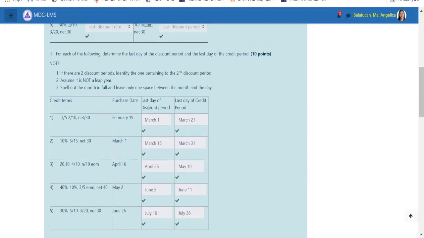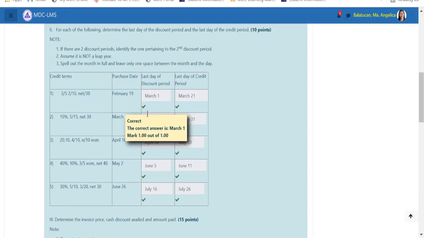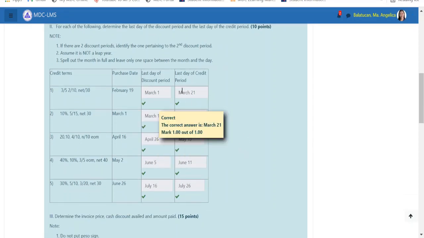Next part is for each of the following, determine the last day of the discount period and the last day of the credit period. Okay, so we have the first one, last day of the discount period. So that's February 19 plus, according to the instruction, if there are two discount periods, identify the one pertaining to the second discount period. So we will use here the 2 over 10.